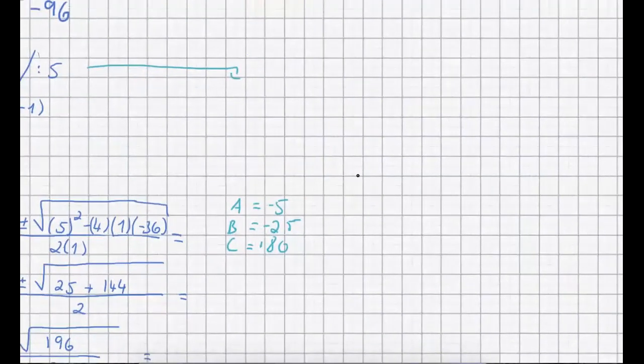If you put it inside, it would be minus 25 בריבוע, and then מינוס 4 כפול מינוס 5 כפול 180. זה פשוט מספרים גדולים, וזה יכול לסבך. אבל זה נכון לחלוטין, כלומר, זה 100% בסדר לעשות את זה.